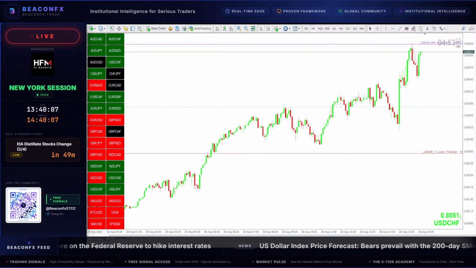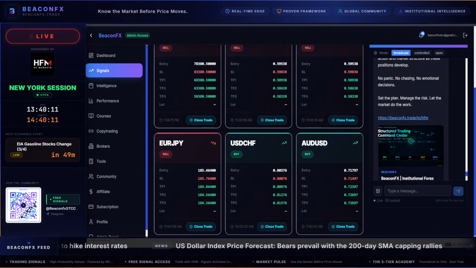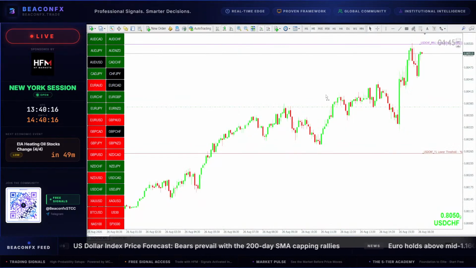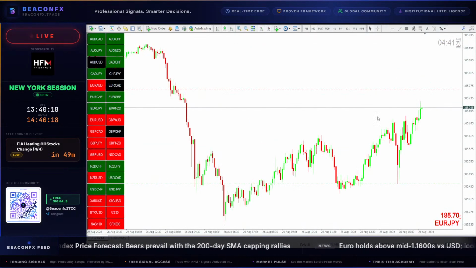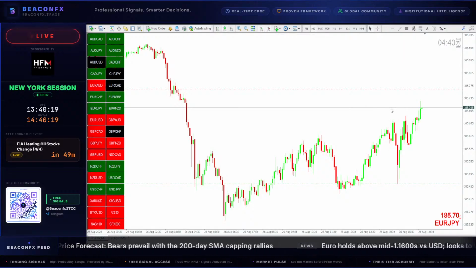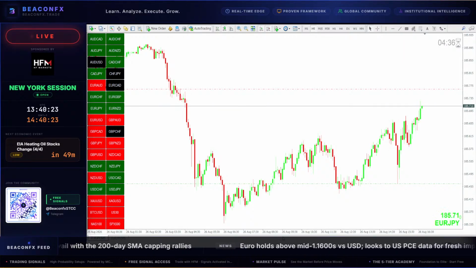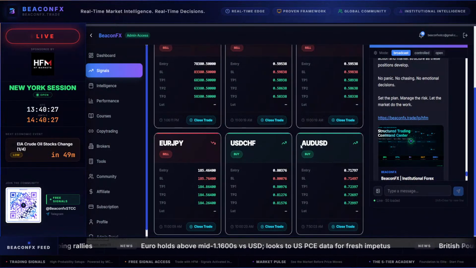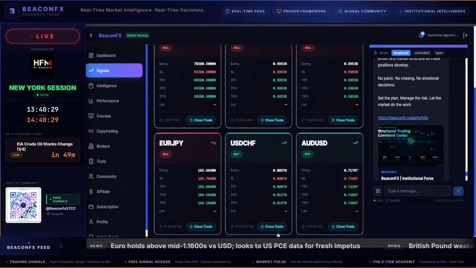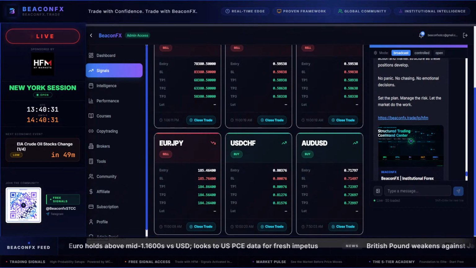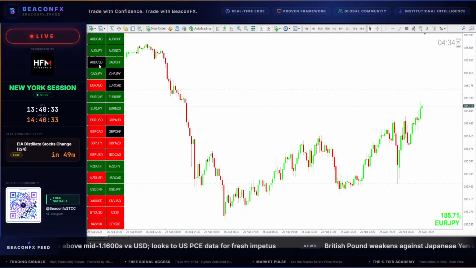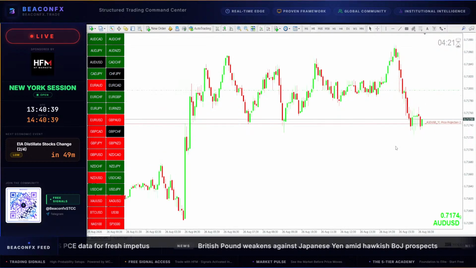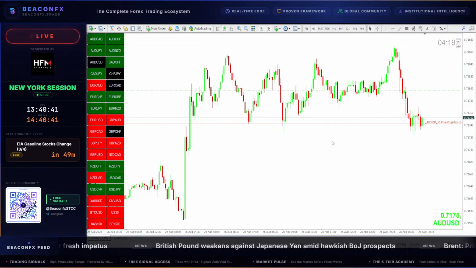And also, oh, Euro JPY is not positive, almost hitting stop loss. Okay. And also AUD USD is not positive. See, it's not positive, and it may be positive.